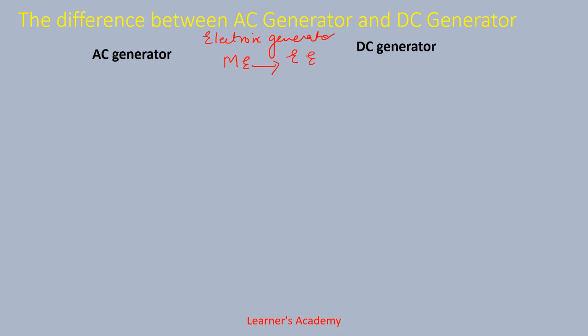Now an electric generator can be of two types, AC generator or DC generator. In both these cases, mechanical energy will be converted into electrical energy. But what is the point of difference? So we are going to do it point wise.